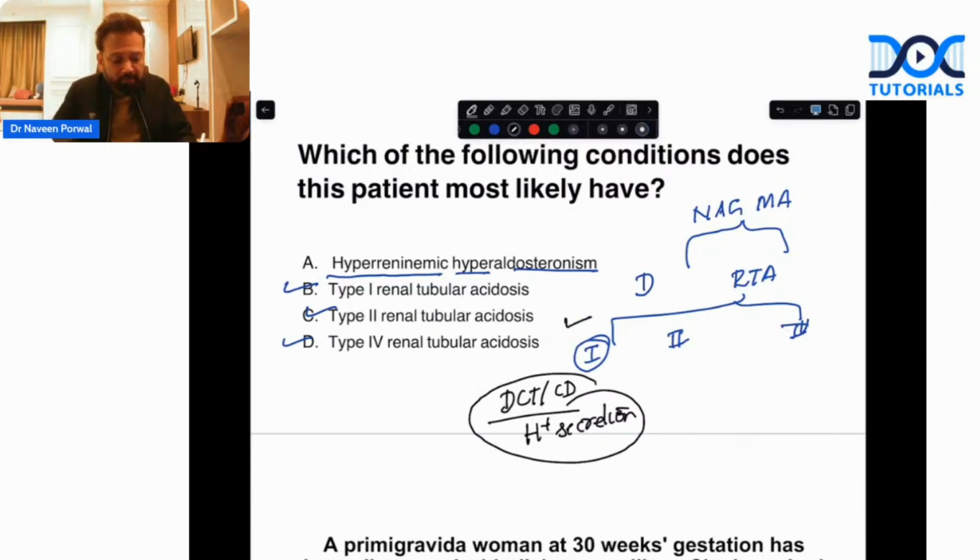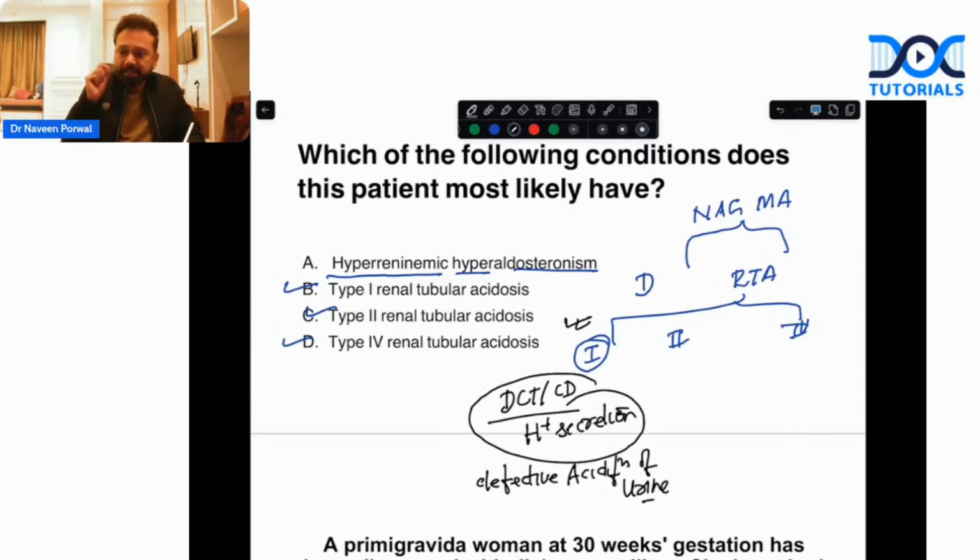So in RTA1, the problem is defective acidification of urine, which normally happens where? In the collecting duct. What is that RTA? Very simple.